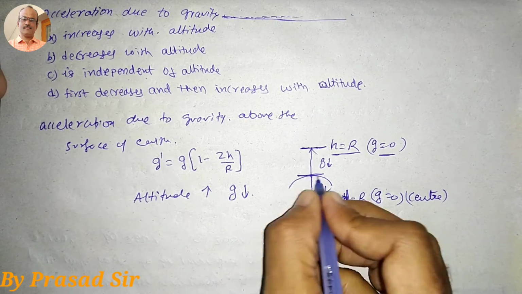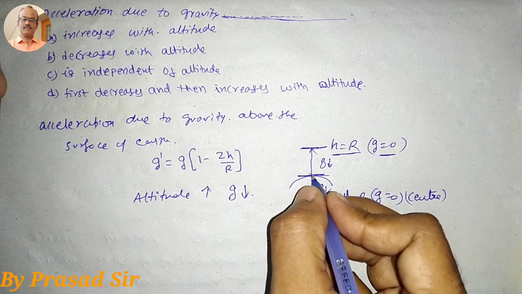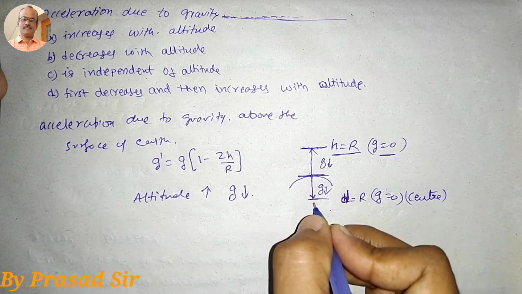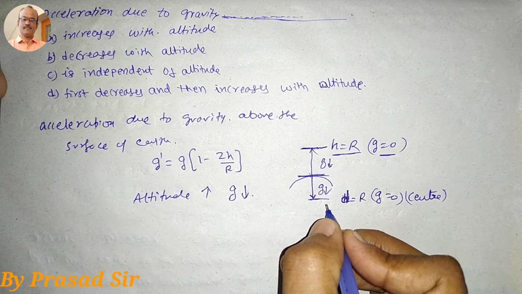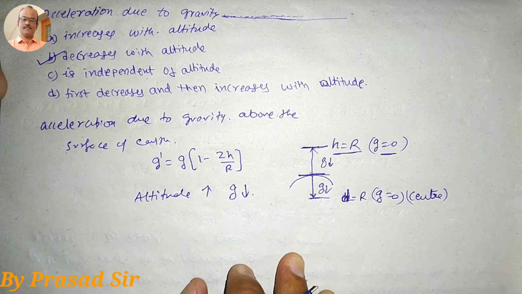So from the surface of the earth, as altitude increases, g value decreases, and as a body moves into the earth, g value also decreases. So which option is correct here? Option B is correct. Acceleration due to gravity decreases with altitude.